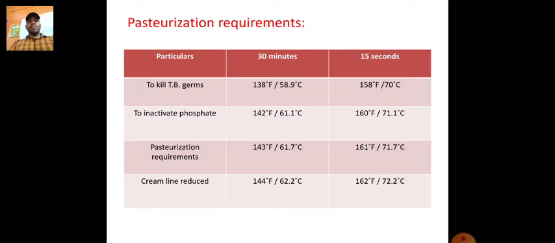For pasteurization requirement, 143 degrees Fahrenheit, 61.7 degrees Celsius, and for the second condition 161 degrees Fahrenheit or 71.7 degrees Celsius. Then creamline reduction is there up to 144 degrees Fahrenheit or 62.2 degrees Celsius for 30 minutes, and 162 degrees Fahrenheit, that is 72.2 degrees Celsius for 15 seconds.